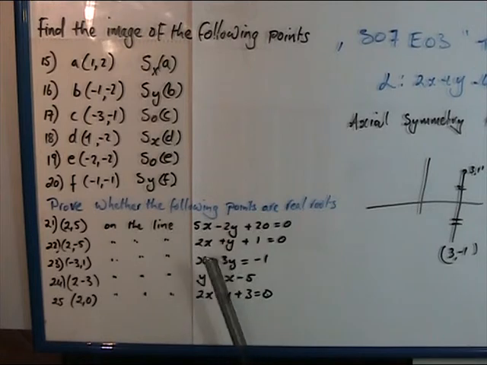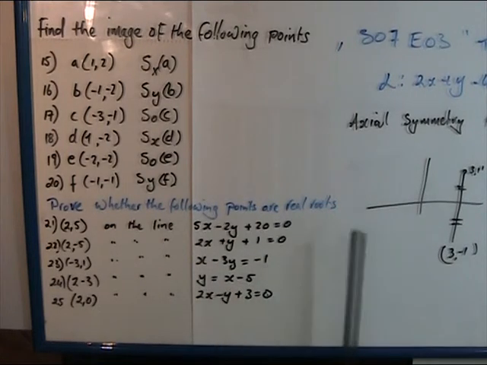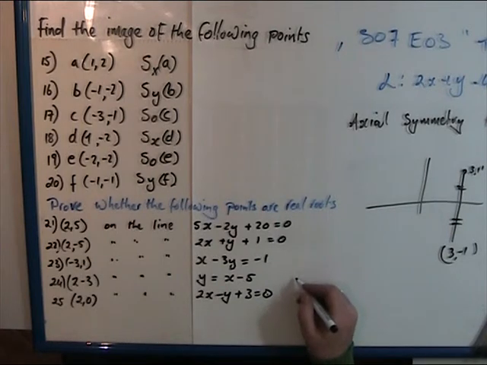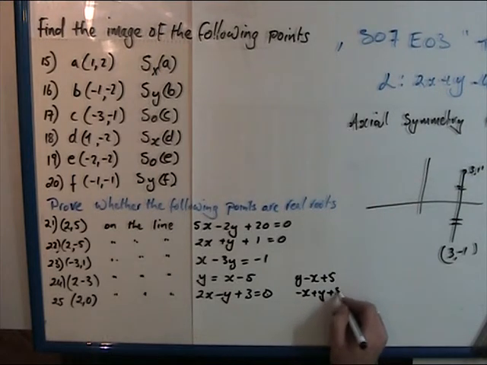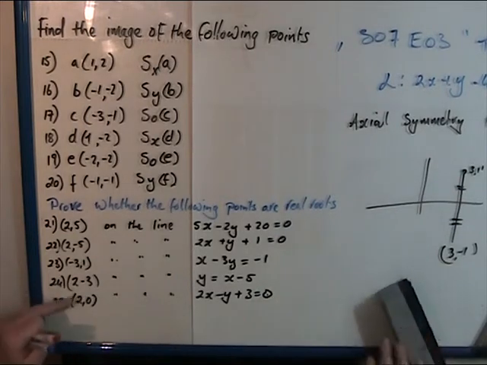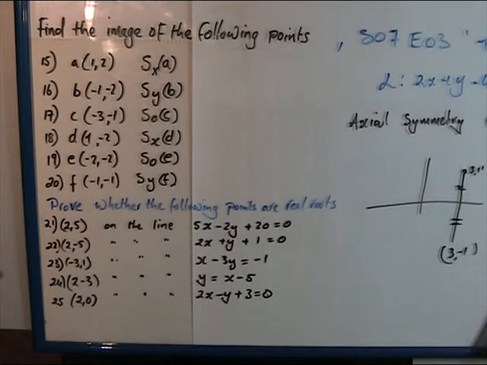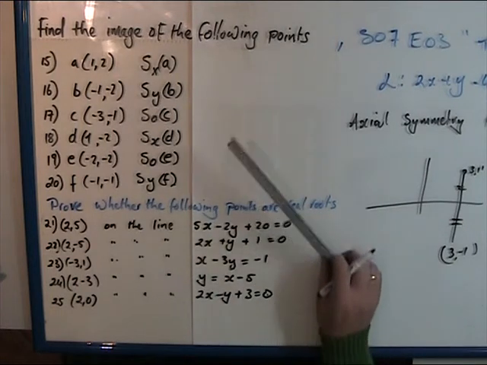And this is another line, y is equal to x minus 5. That can be changed to y minus x plus 5, or in this case minus x plus y plus 5 is equal to 0. But you don't have to do all that. You can just slot them in and see if they sum up to be equal to each other. Okay, so that's everything here.